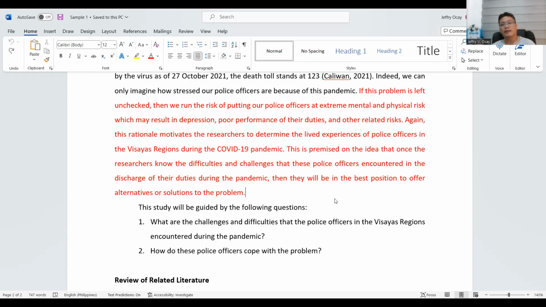What I was trying to say is that in my previous lecture I discussed how to formulate a research problem. This is how to formulate the statement of the problem, not the thesis statement.